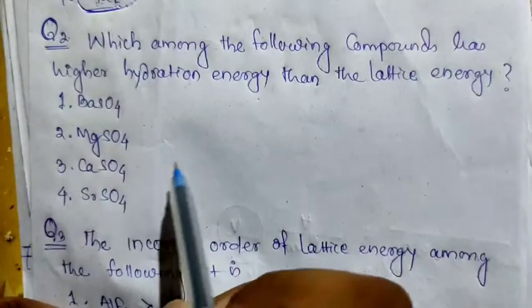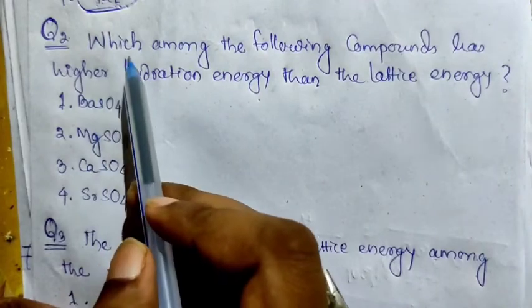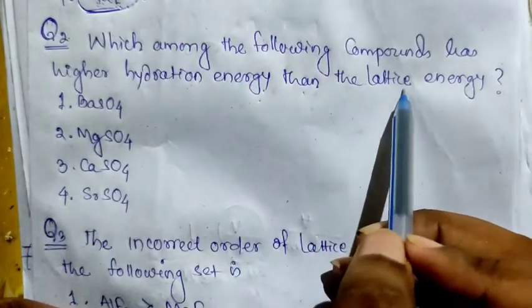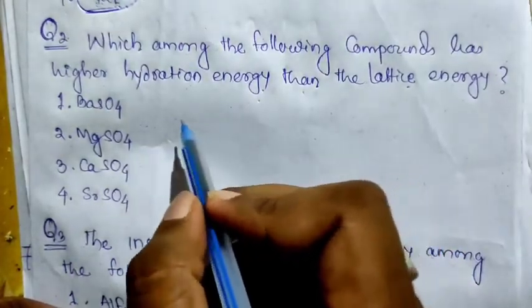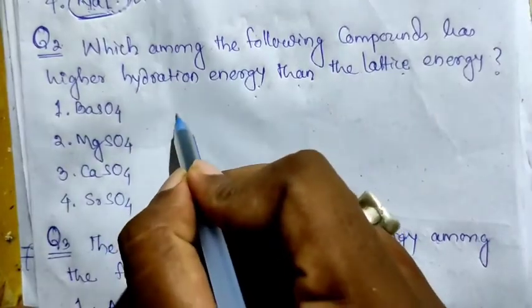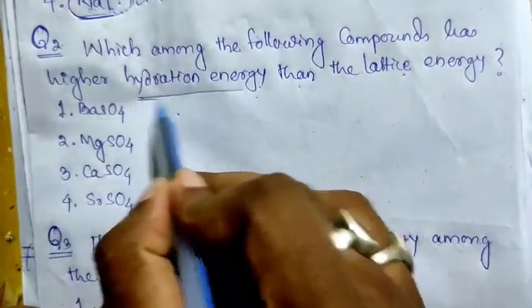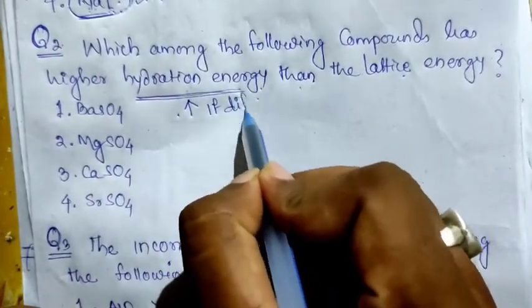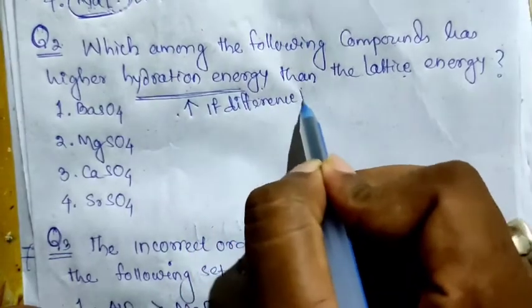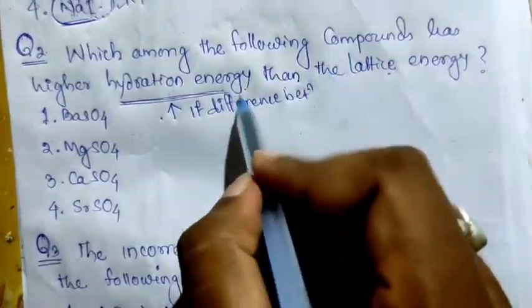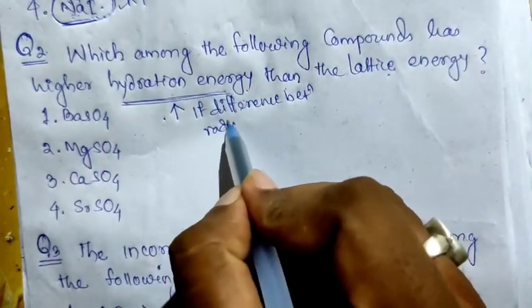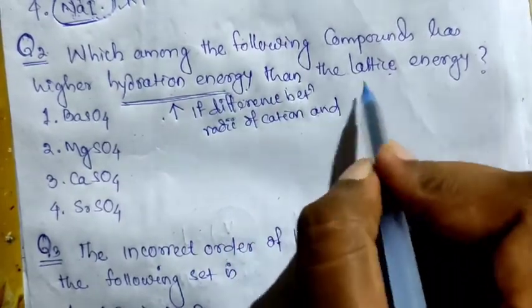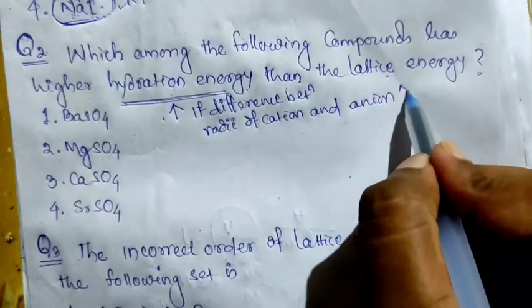Okay, now coming to the second question, which says, which among the following compounds has higher hydration energy than lattice energy? We know that hydration energy increases if the difference between the radii of cation and anion increases.